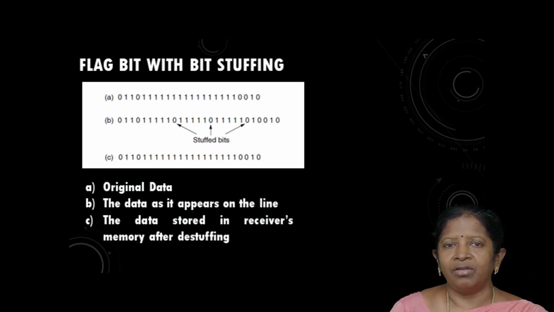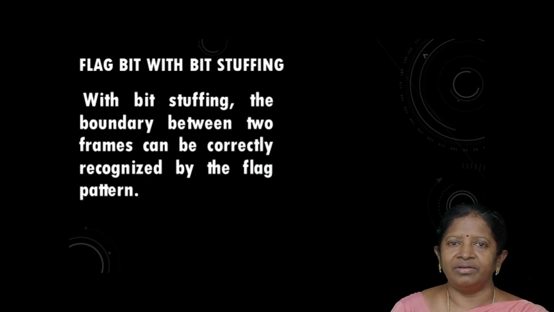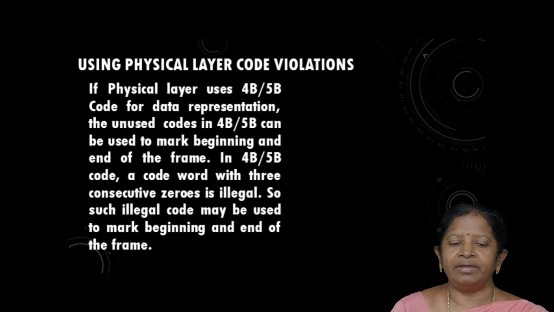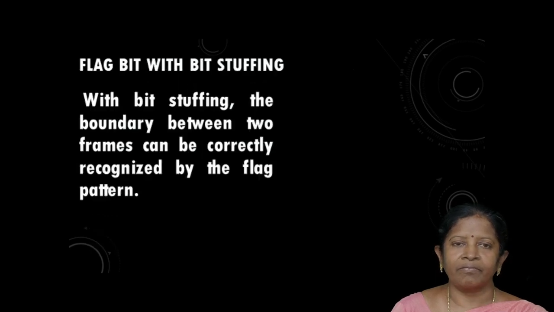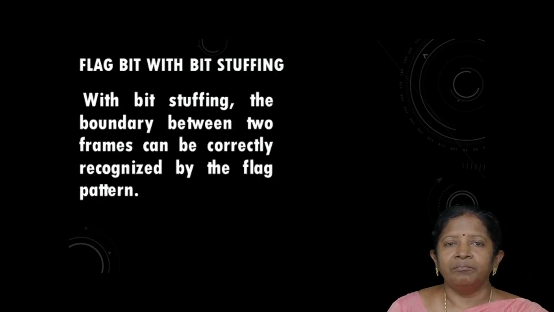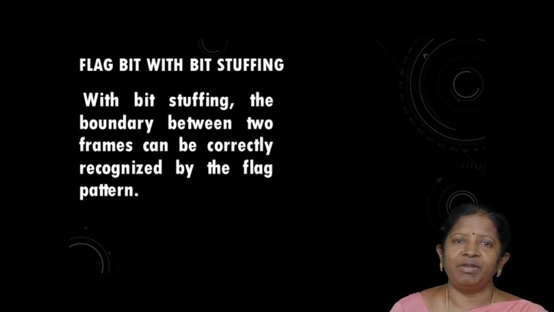That also is shown in this example. But suppose you have a change in a bit. Say after the 5 consecutive ones we have a 0. If there is a flipping of that 0 due to a transmission error, then there may be a problem.